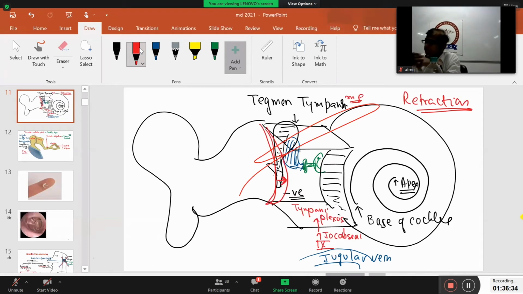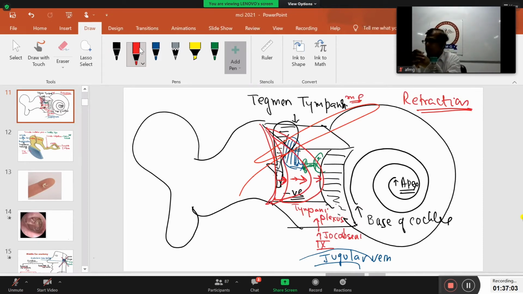But if you don't treat the problem, and if the Eustachian tube remains blocked for many more days, there will be more negative pressure in the middle ear and there will be more retraction. So the tympanic membrane from here will get shifted more and come here like this. See, it has come here. This is more severe retraction. Still, if you don't treat and it remains like that for many more days, you get more retraction, it will come here, from here to here. So it keeps getting pulled inside more and more.